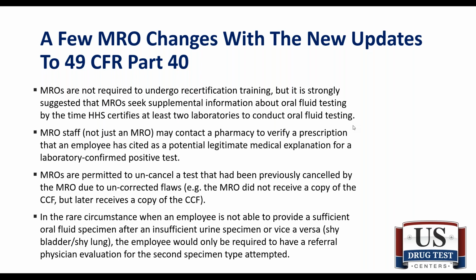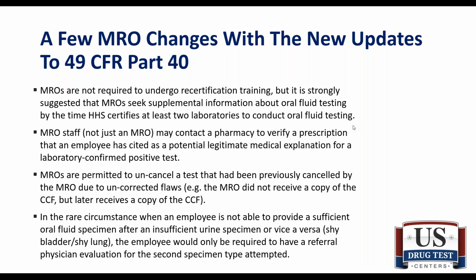The third bullet point is really not new, but it's been clarified. There are times when an MRO cancels a test because they did not get a copy of the custody and control form, which they are required to review to close out a test. So if they don't get that copy, typically after 30 days, they cancel that test.